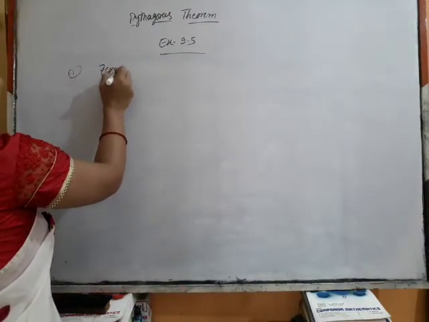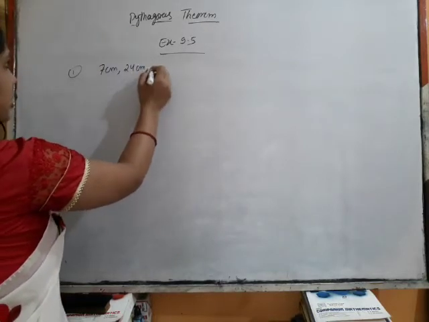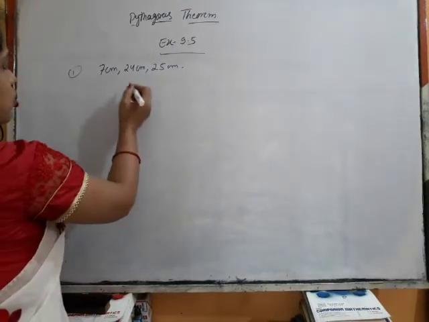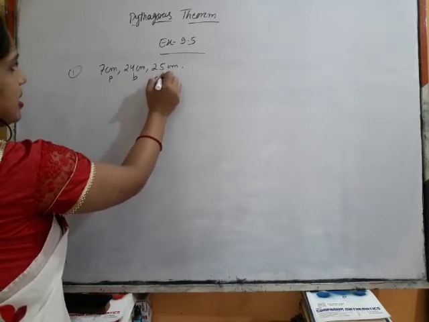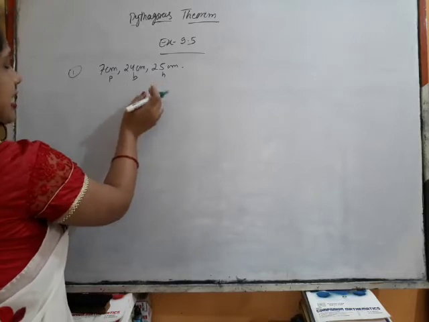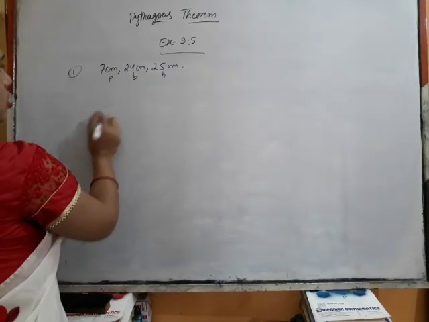First part: 7 centimeter, 24 centimeter and 25 centimeter. Okay. So if we take this as perpendicular, this as base, and this as hypotenuse, since the hypotenuse is the longest, we know that. So it satisfies, that means the square of this will give us this square plus this square.